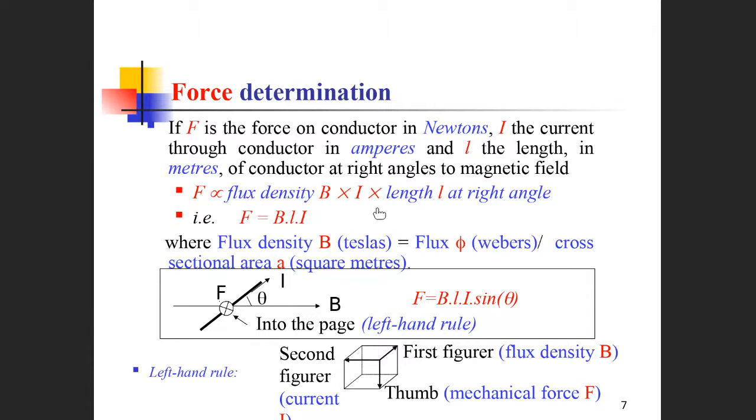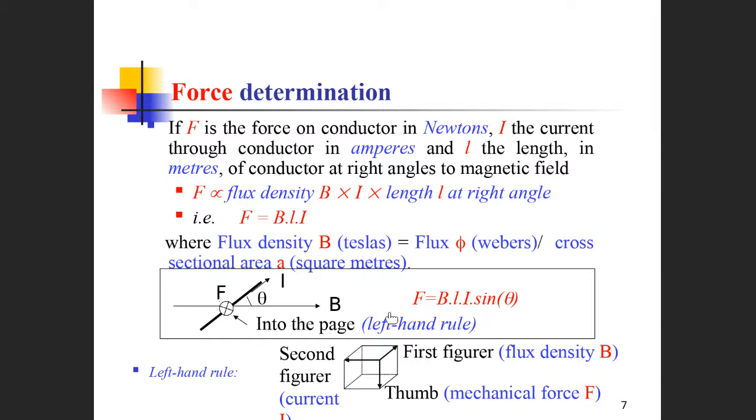So here is the cross product, which, when their angle is 90 degrees, is at its maximum. When their angle is 0 degrees, the product is 0. That's the sine of the angle between them. Also, we say cross product: where they cross, they give the maximum force.